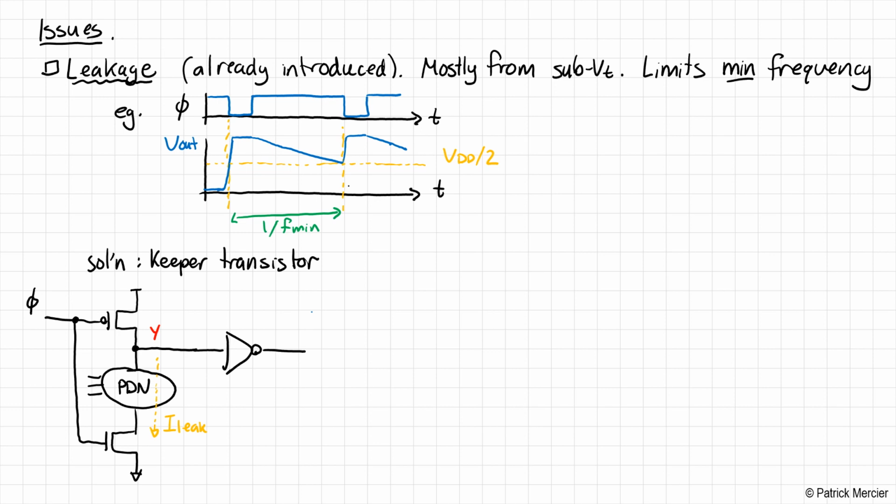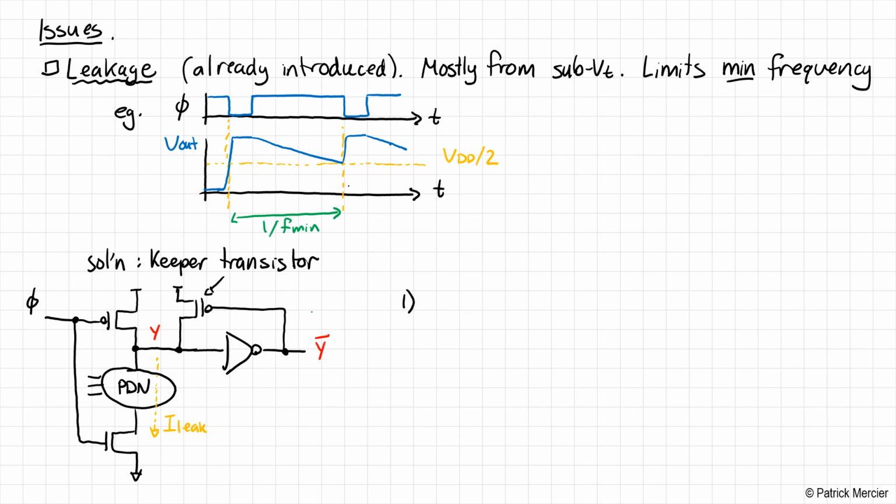Let's say that's output Y, this is output Y bar here. Let's take this output here, and what we do is we feed it back through a PMOS transistor. This is called the keeper transistor. Let's just put an arrow here, keeper transistor. Now this should look very familiar to you. When we discussed pass transistor logic, we suggested this as a way to get rid of that VT drop across the NMOS pass transistor.